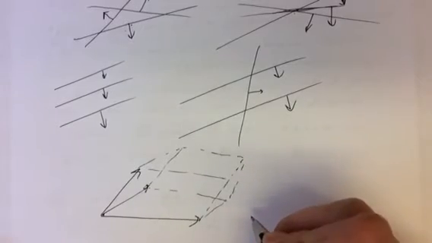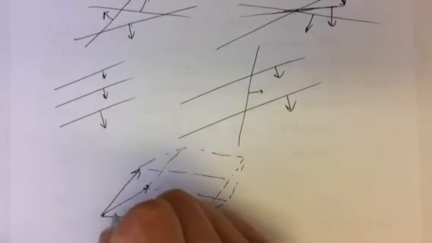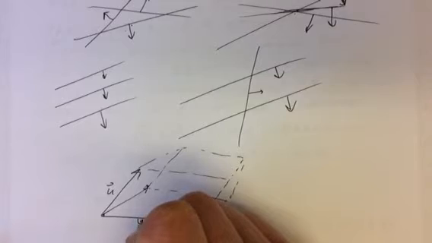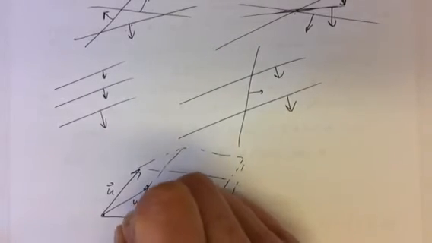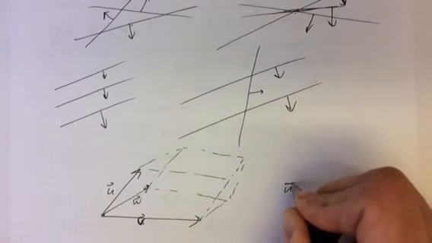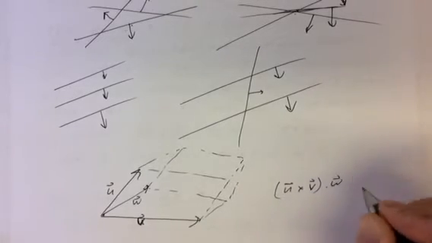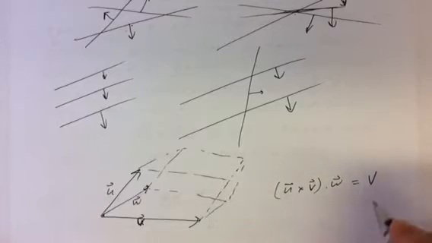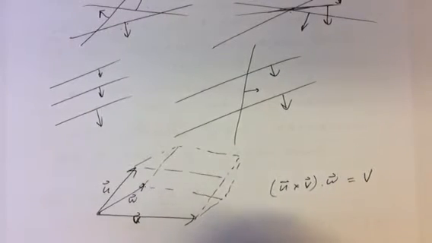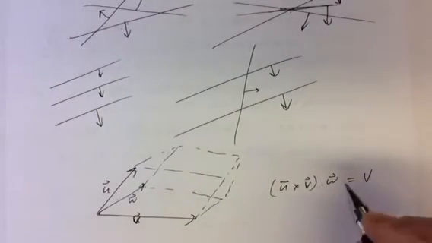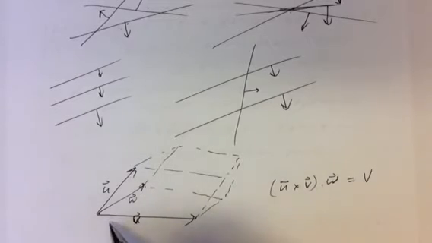If you did the triple scalar product, so say that's U, V, and W, so U cross V dot W, that gave us the volume of that parallelepiped. And that was a nice formula to get. Now, if these three vectors, U, V, and W, are all on the same plane, then that parallelepiped has no volume.